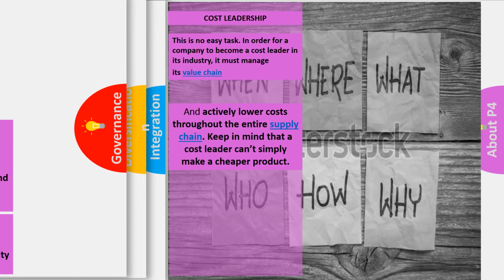With cost leadership, lower costs throughout the entire supply chain are actively sought after. Keep in mind that a cost leader can't simply make a cheaper product. Therefore, as we've stated before, you have to look at all the methods, principles and processes that you put into place.